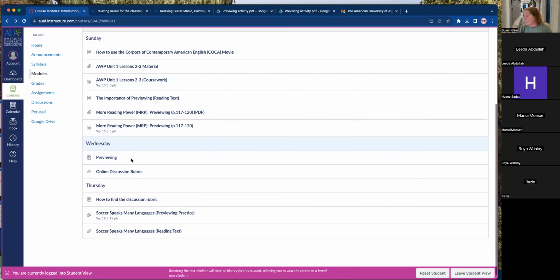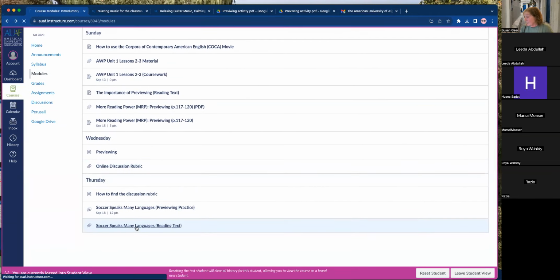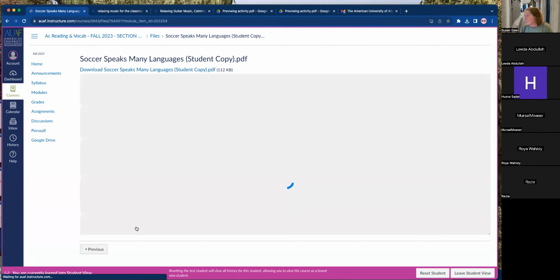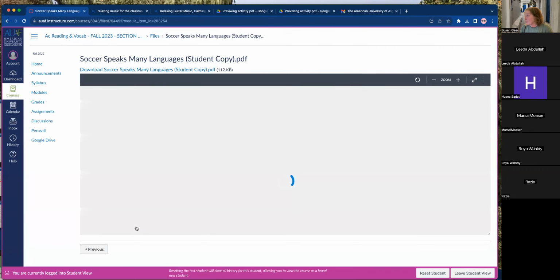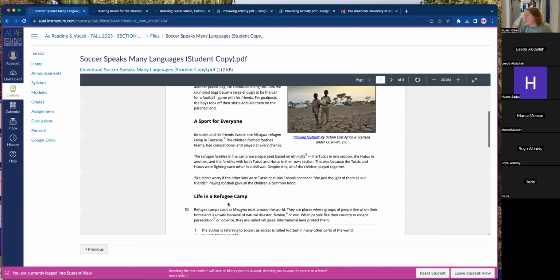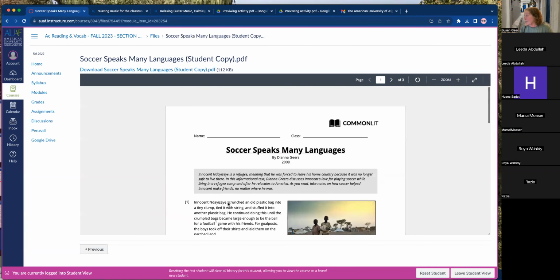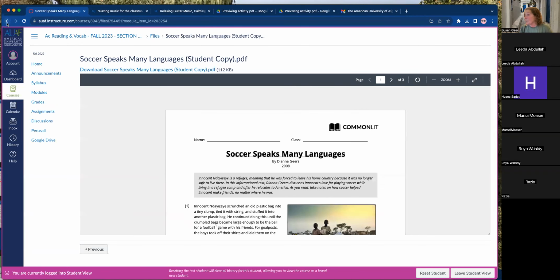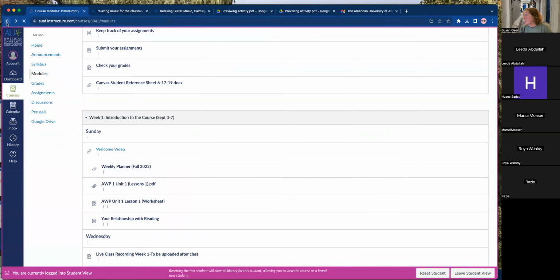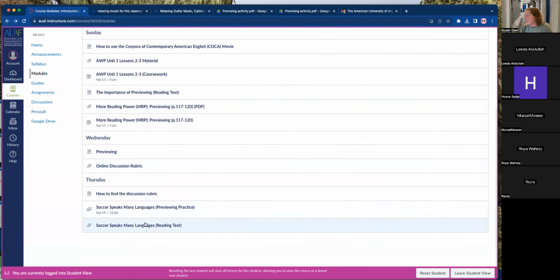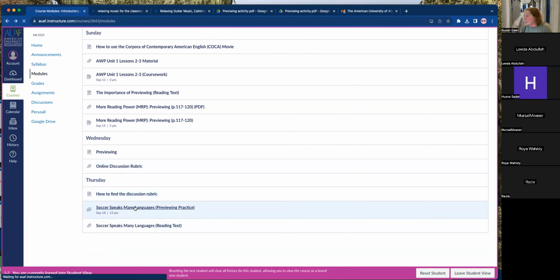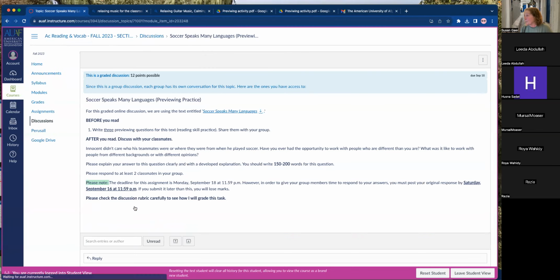So it's a more significant discussion. Here's the text that you're going to read. Remember to do it just like I told you: do all the 7 questions first. That will make it easier for you and give you a better idea of what the topic is. And then here is the discussion practice, and it's the same as you did before.